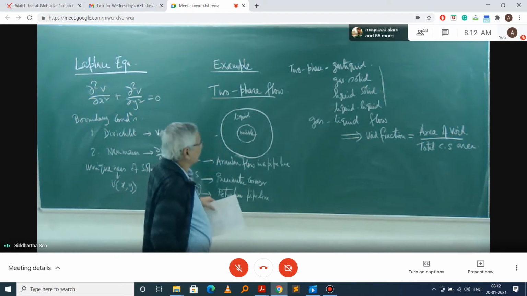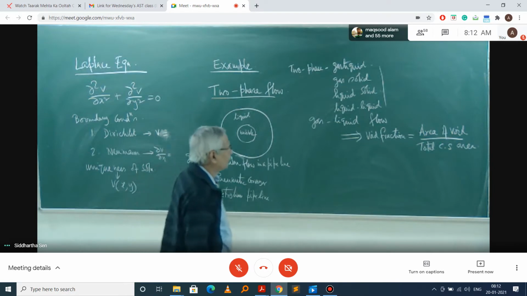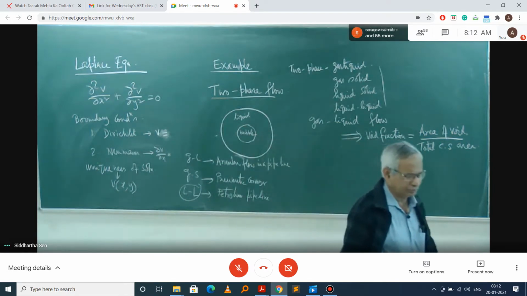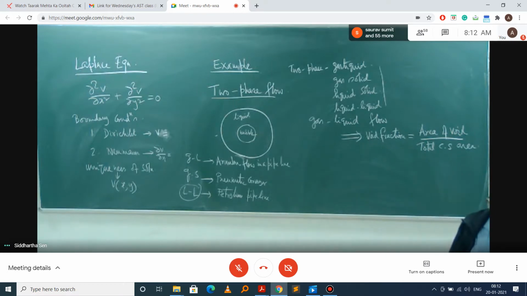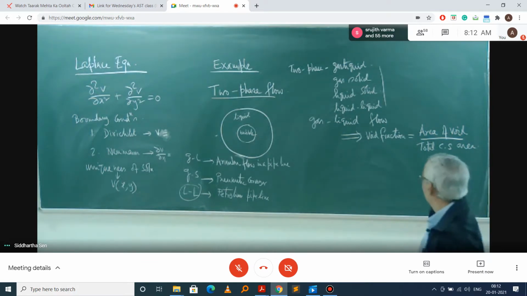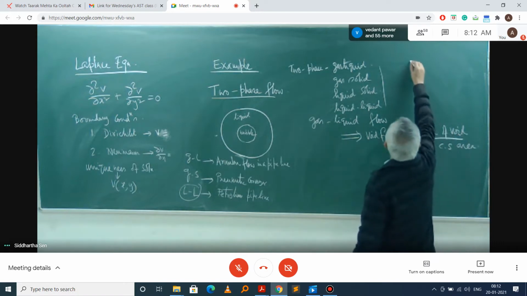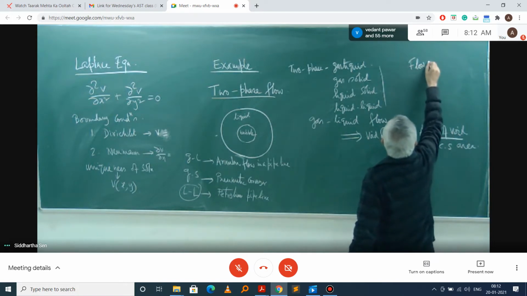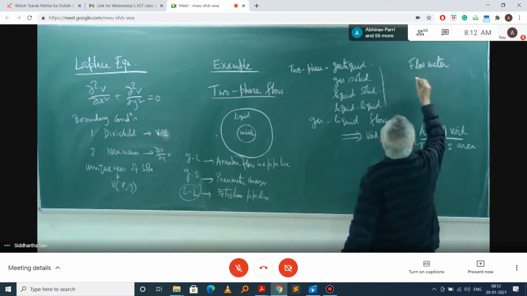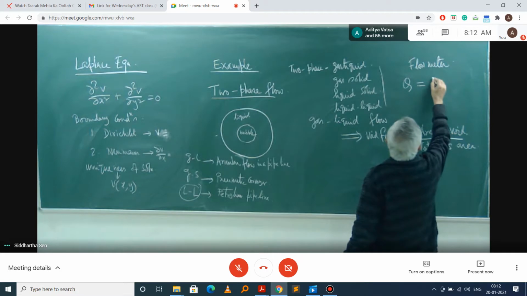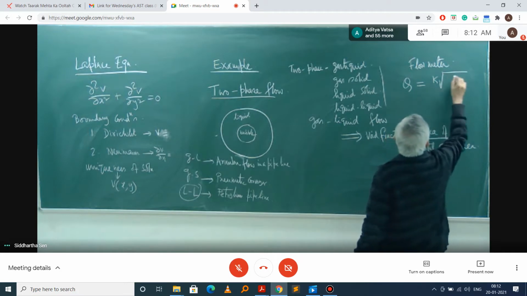Also the void fraction matters, because if you recall, we have studied the basics of a flow meter. For the flow meter, Q is equal to some constant into root over 2 by rho into P1 minus P2.